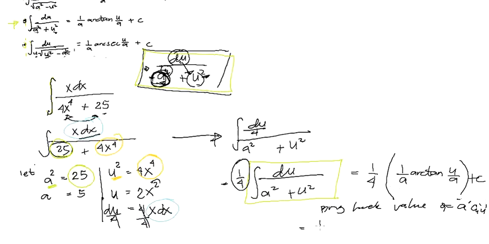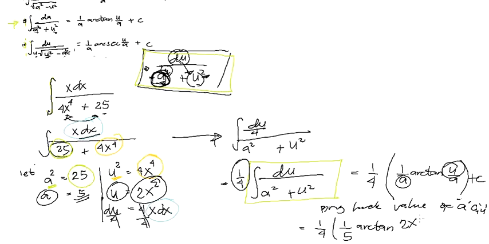So we have 1/4, 1 over our a, which is 5, so 1 over 5, arctangent. The value of our u is 2x squared, and once again our a is 5, then plus c. So this is now our final answer.